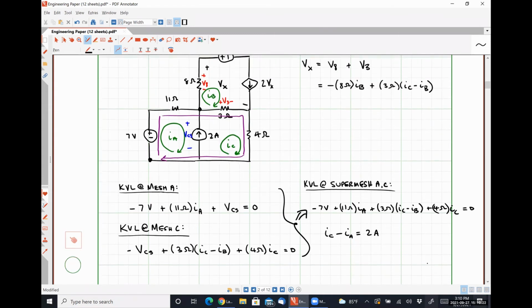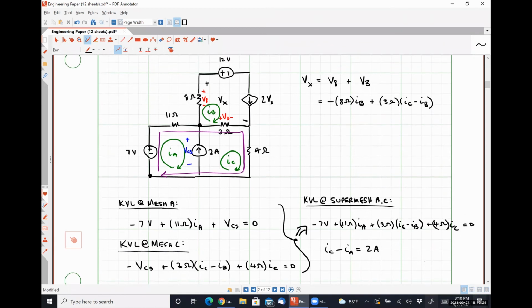Now let's take a look at mesh B. Mesh B contains a current source, but it is on the perimeter of the circuit. Okay. So what we did when we had a current source on the interior of the circuit was we tried to write a path for us to apply KVL around that avoided that interior current source.